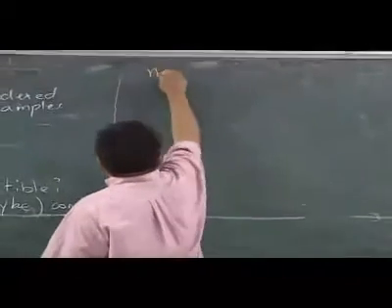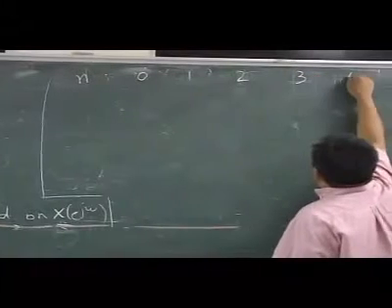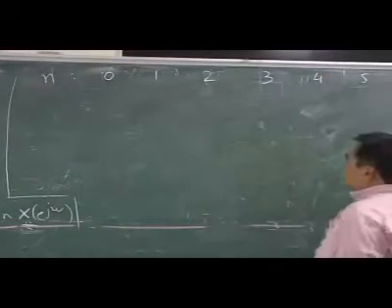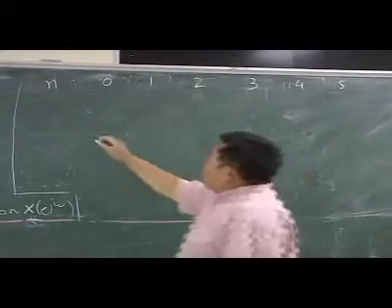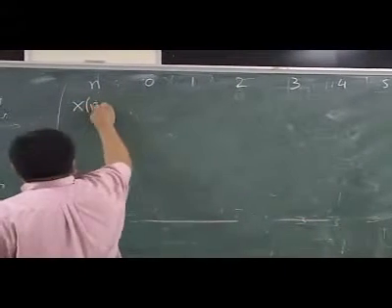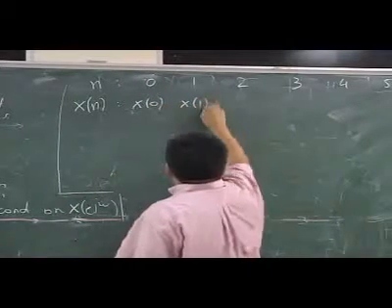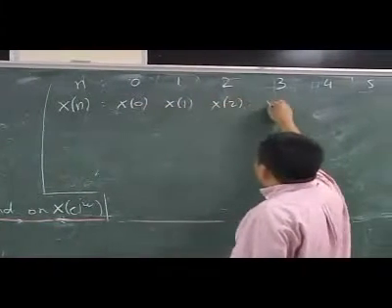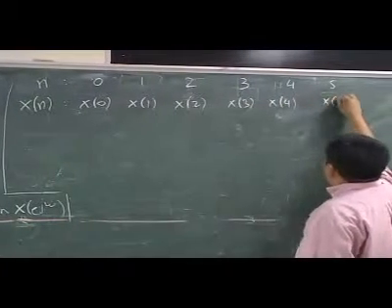Okay, let's take an example. This is n: 0, 1, 2, 3, 4, and so on. That's the index n. X of n: x of 0, x of 1, 2, 3, 4, 5.